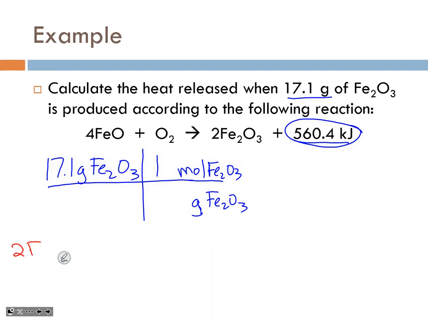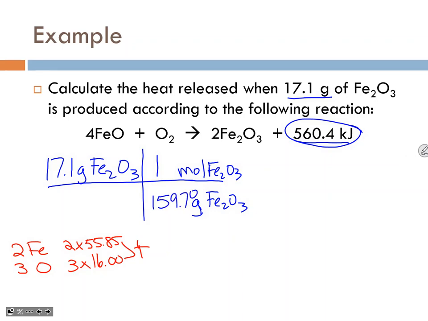We have 2 of the iron, so that's 2 times 55.85, and then we have 3 of the oxygen, which is 16. Add all that up, and what do we get? That is correct, 159.7. Always go to 2 decimal places, it's just easier, so we all have the same molar mass.